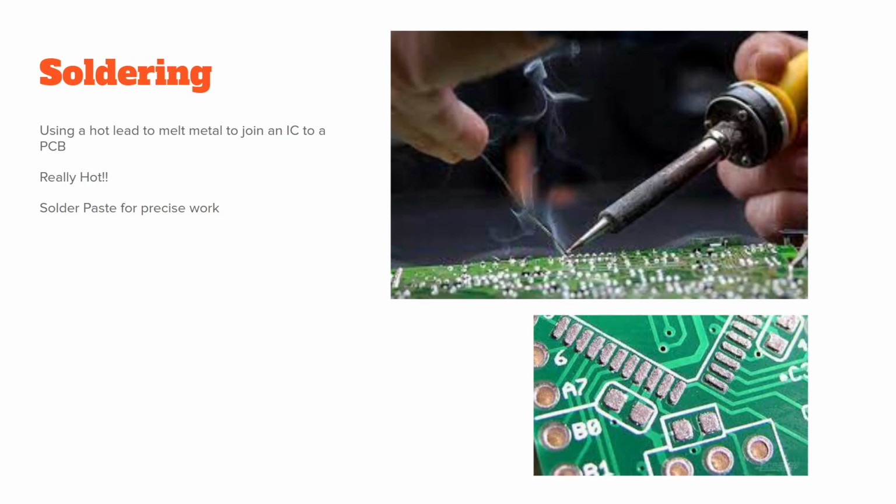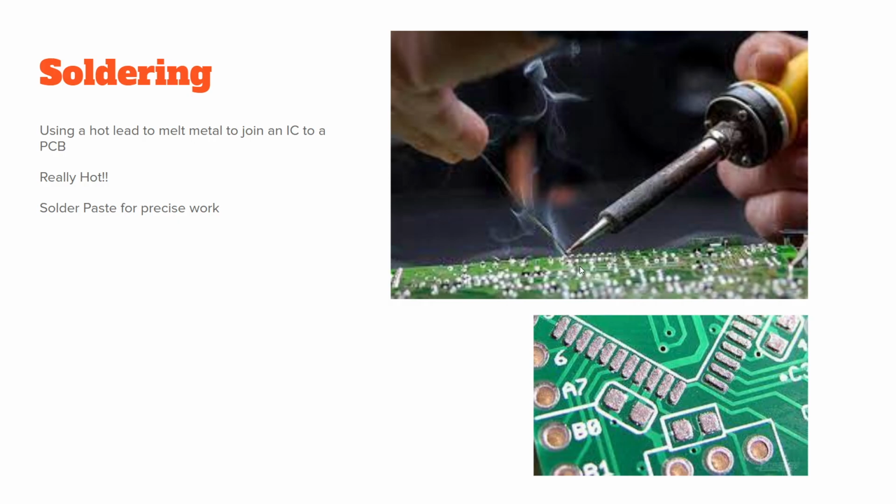Okay, solder. We talked about it. I've mentioned this a few times, so what is soldering? Soldering is basically using a very hot lead, this thing, to melt a bit of solder filler. I call it solder filler. Other people call it just solder. I like calling it solder filler. It basically binds two pieces of metal together. So it's kind of like welding on a super small scale, like a tenth of an inch scale.